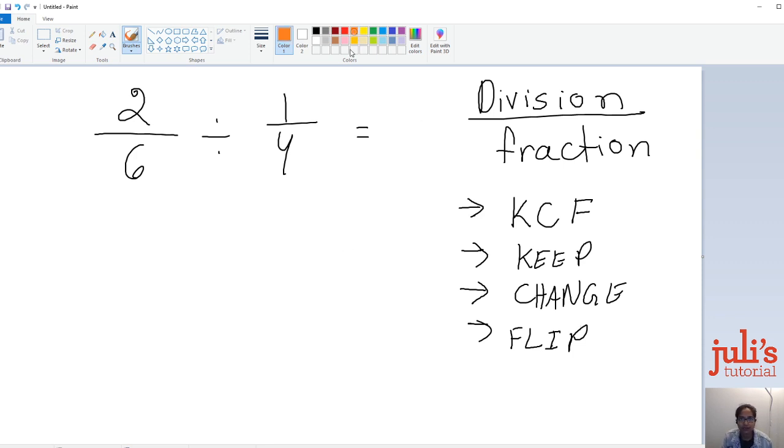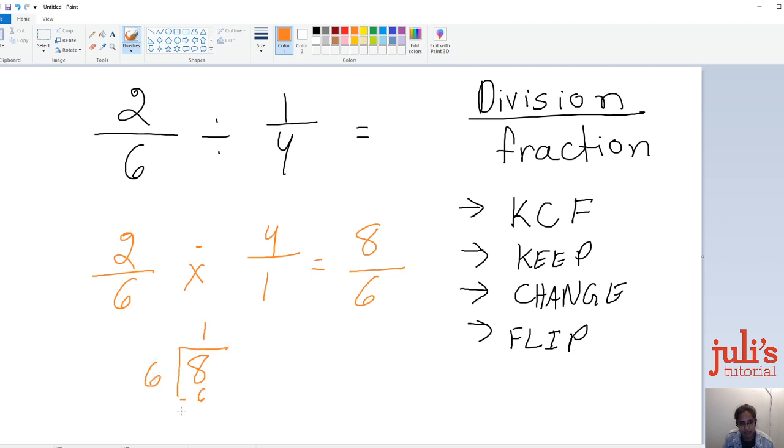I'm going to keep the first number the same, 2/6. I'm going to change my division to the opposite, multiplication, and I'm going to flip my last number, 4/1. Then I just multiply straight. 2 times 4 is 8, and the bottom is 6 times 1 is 6. Then I'm going to turn it into a mixed number: 1 and 2/6.